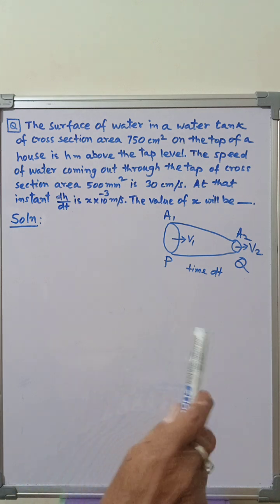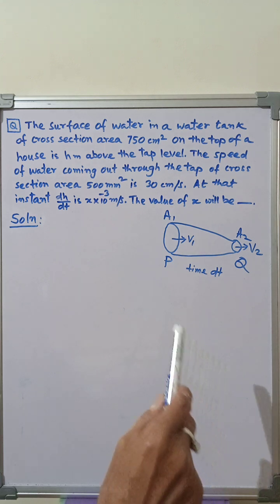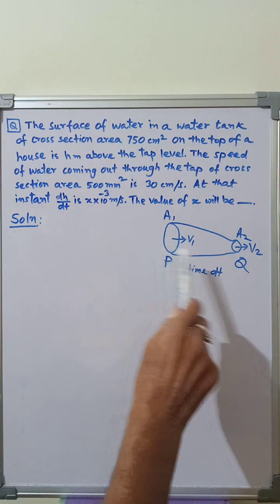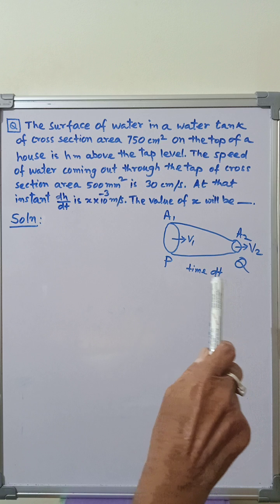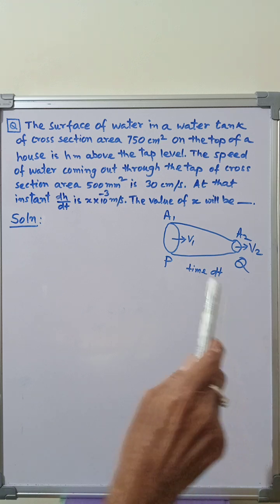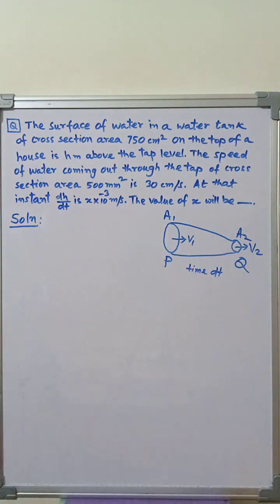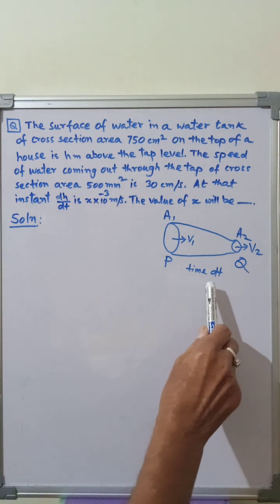Because the liquid is incompressible, the volume of liquid flowing across A1 will be equal to the volume of liquid flowing across A2 in a given interval of time. Let us mark this time as dt.